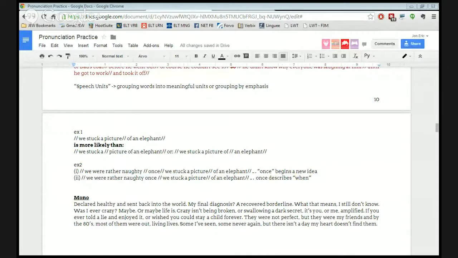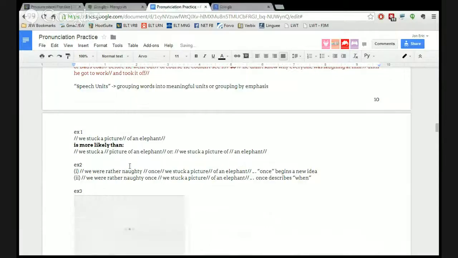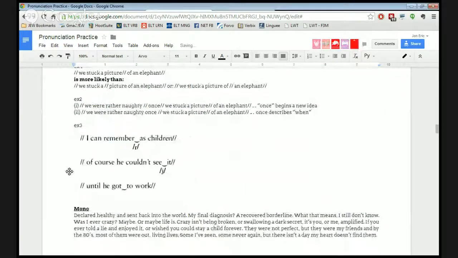What I want to do is, okay, one last thing here. Let me just give you one last example. I want you to look at these 3 examples. I'm going to put this under exercise 3, EX3. Okay, Giuseppe, take a look at exercise 3. What I want you to notice is this.